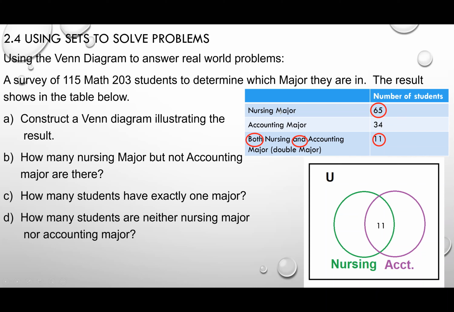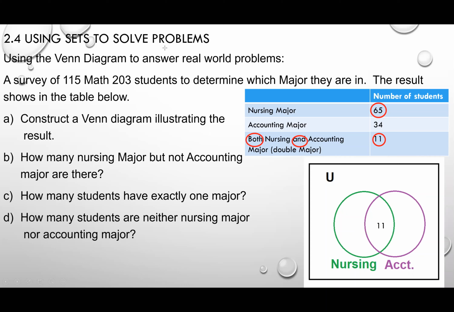So the total capacity of the green circle, the nursing major, is 65. I cannot just put 65 here, because 65 plus 11 is more than the people I have. Your elevator cannot move, right? So think about this: my 11 is in my green circle.